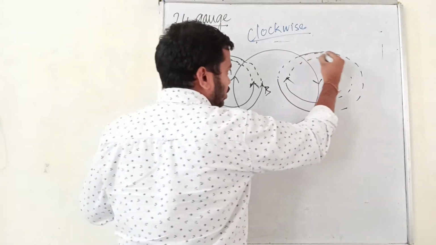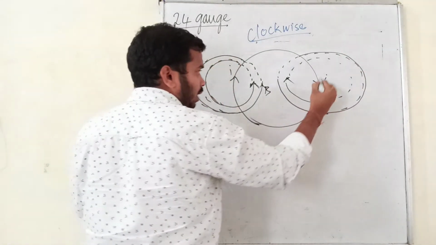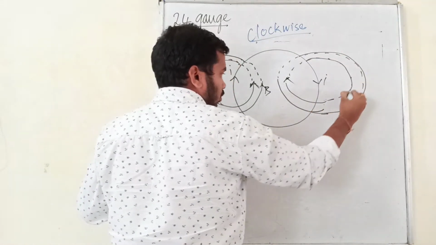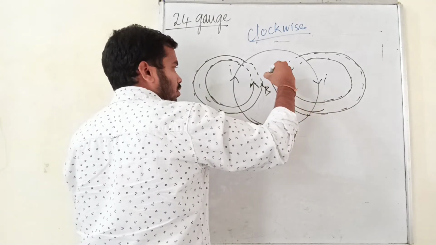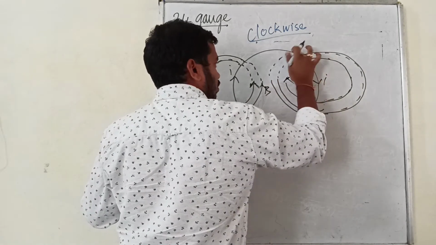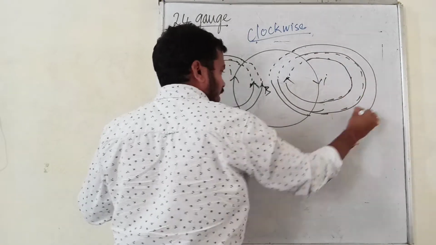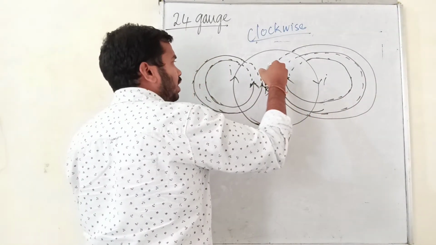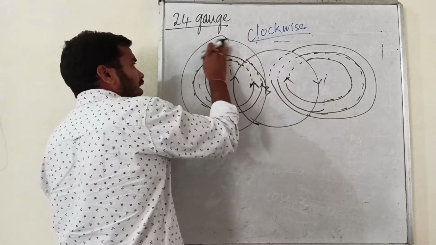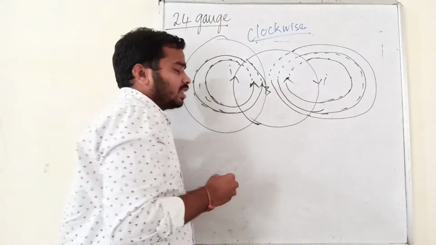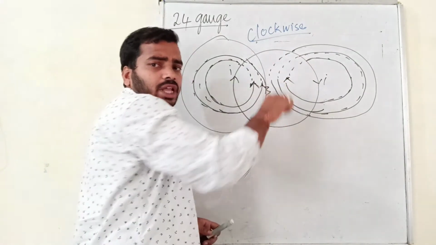Here also they would go into the plane and they will come back and complete the circle. Similarly, the magnetic field lines would be encircling the loop. They will be encircling the loop like this, moving into the plane.